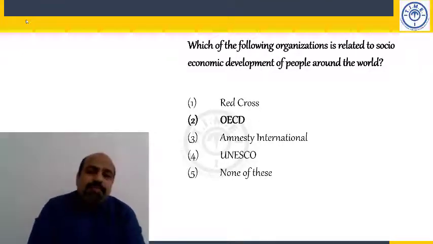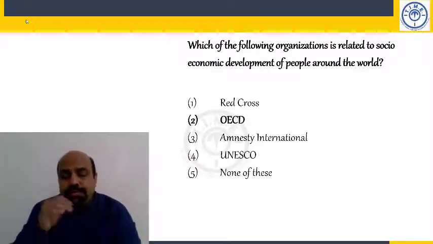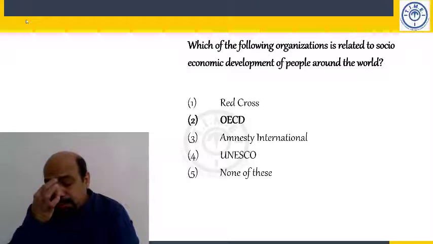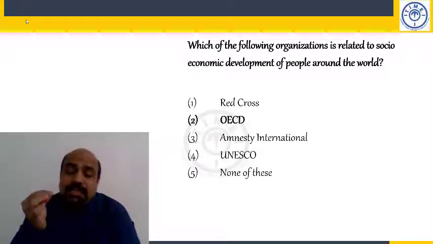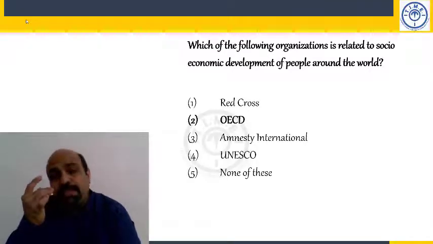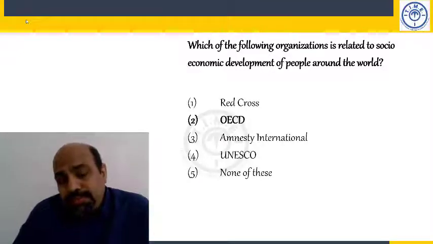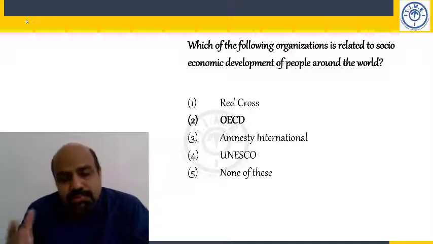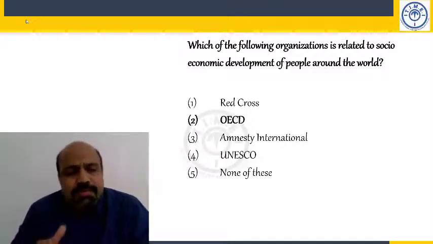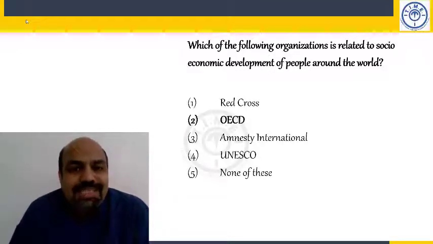Next point, established 1961. Next point, head office Paris. Next, chief. You could write head or director general, whatever you want. I would simply say head. Jose, I'll spell Jose.